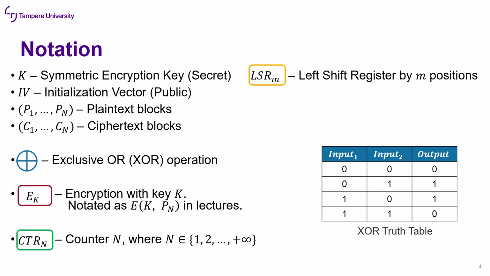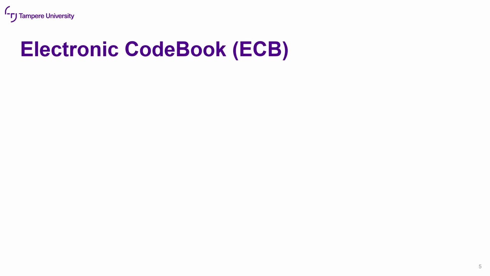This left shift register will push whatever input to the left by m positions or m bits. But we'll talk about that a bit later, and we'll give an example of how that works in a couple of slides. So, let's begin with talking about the cipher modes and technical details behind them.